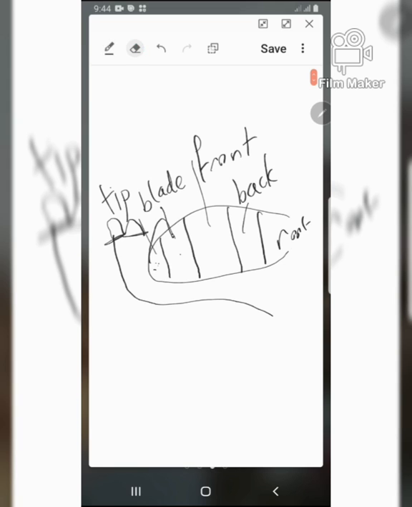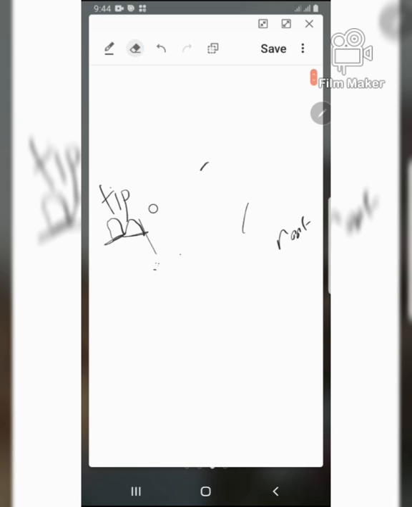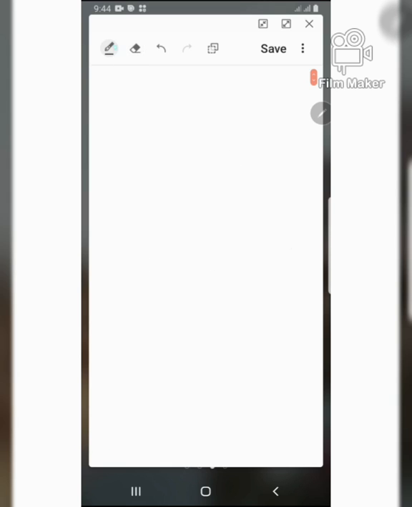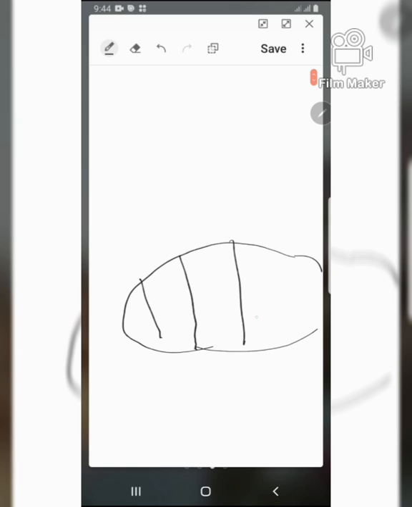So look, guys, here. I'm going to erase this, and this is the tongue. As I have mentioned, the passive articulators: tip or blade goes to three parts.